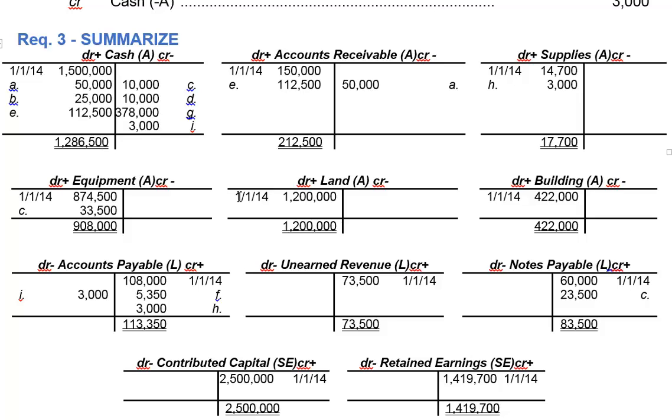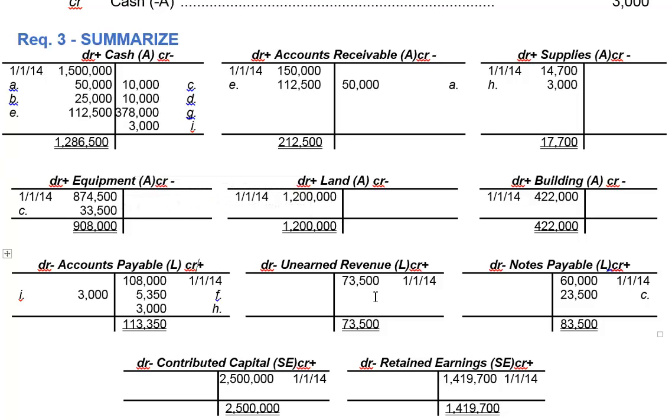Notice that cash, which is an asset, has a debit balance. The normal balance for any account is the side it would normally get bigger on. And assets get bigger on the left, and left means debit. So when we see that all of our assets have a debit balance, that should bring us some level of comfort because that should be its normal balance, meaning the side it gets bigger on.